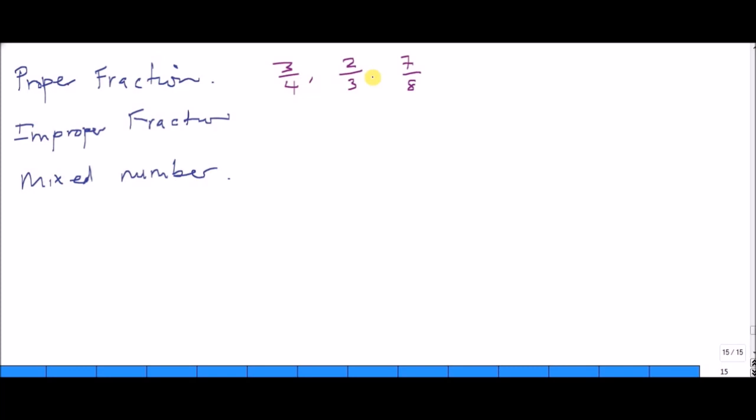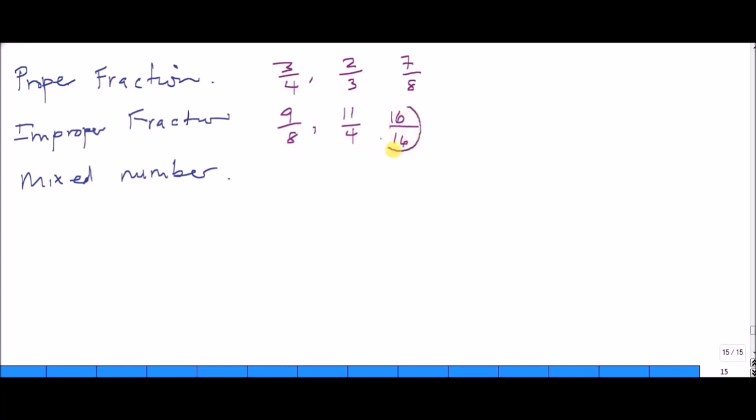Improper fraction now, let's move on. An improper fraction is greater than 1. Its numerator is greater than or equal to the denominator. They gave us some examples here: 9/8, 11/4, and 16/16.